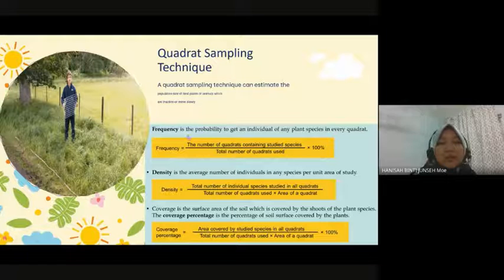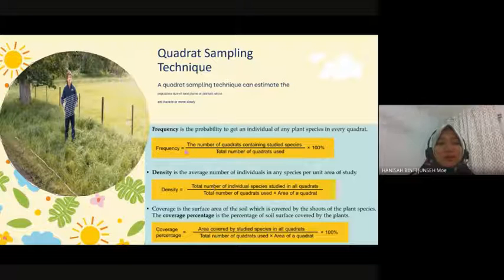This is what we call the formula to find frequency, of course, about the number of quadrats containing the study species over the total number of quadrats. Actually, we're going to need to do a hands-on experiment activity for this in order to understand how we use this formula.